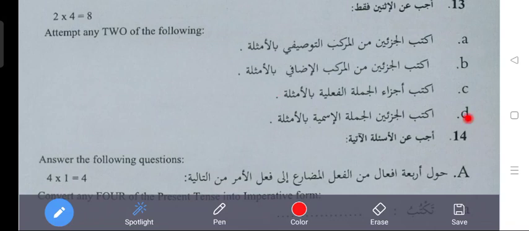In this way you have to give 3 examples. Afterwards go for D. Uktub al-juz'ain, excuse me. Uktub al-juz'ain al-jumlatil ismiya bil amsila, write the 2 parts of the nominal sentence with examples.